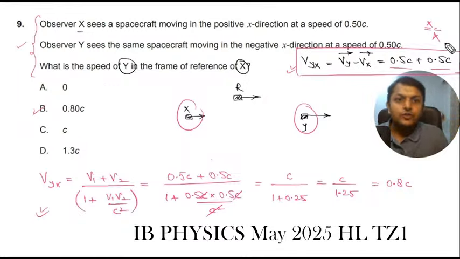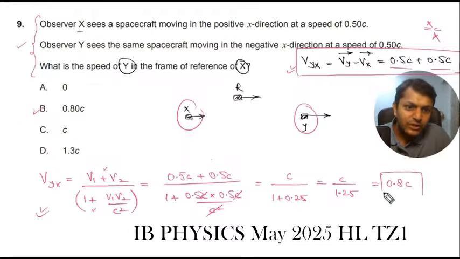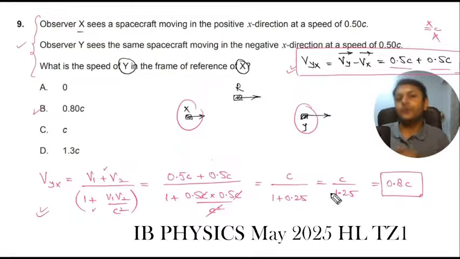My principle is that if we are adding these two in the numerator, we are creating this expression in the denominator. So this positive and this positive go to the denominator here, and it is 1 plus v1 v2 divided by c squared. You just plug in these values and you would be getting the correct answer. It is 0.8c. This is how we do it.